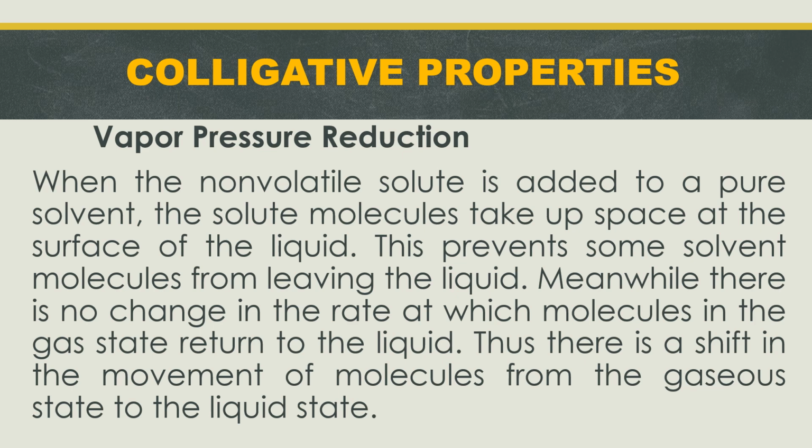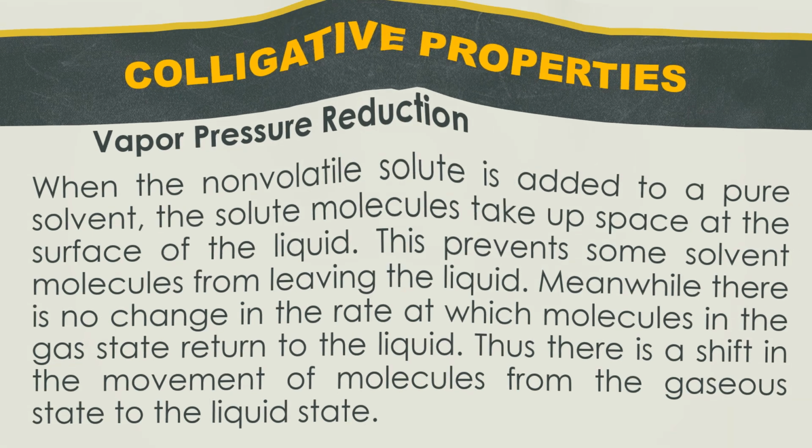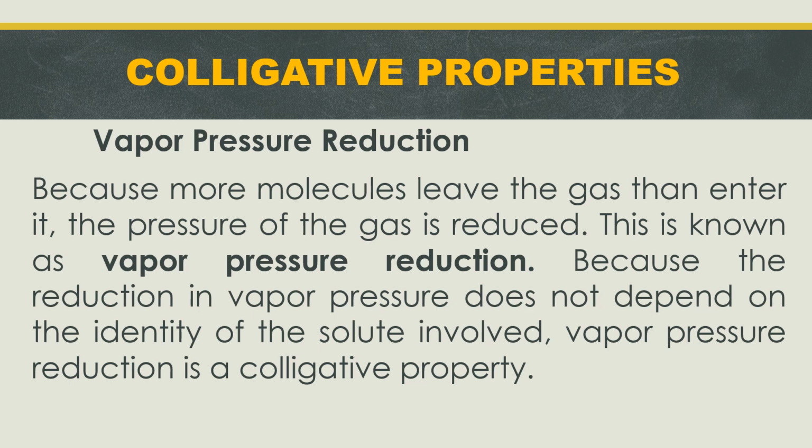This just explains how non-volatile solutes can reduce vapor pressure. Because more molecules leave the gas than enter it, the pressure of the gas is reduced. This is now known as vapor pressure reduction.